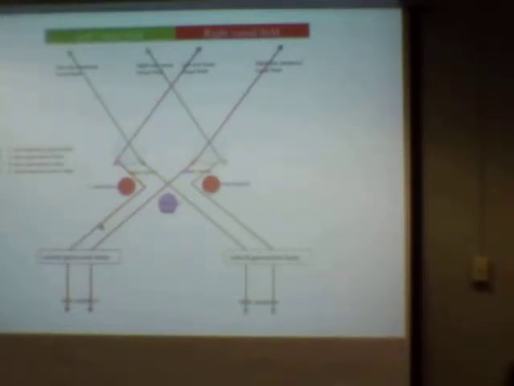A is left eye temporal retinal field. A, yes? Up top it says nasal. That's visual field. Remember, the retinal field is the opposite visual field. Yes? You've got to get that straight. Retinal field is the opposite visual field because of the lens refracting the light.